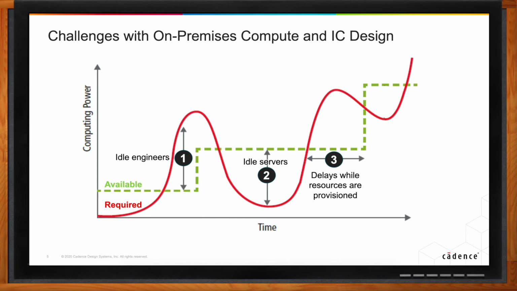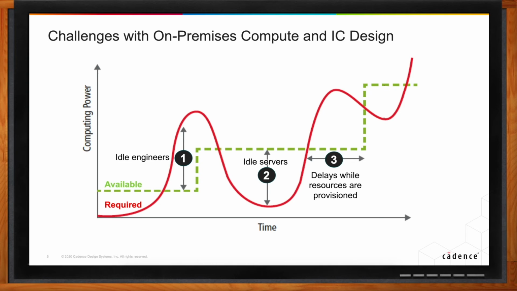And the other interesting thing that happens is that when a company relies solely on on-prem compute and their required demand increases, they need to respond and add more capacity. And that takes time.